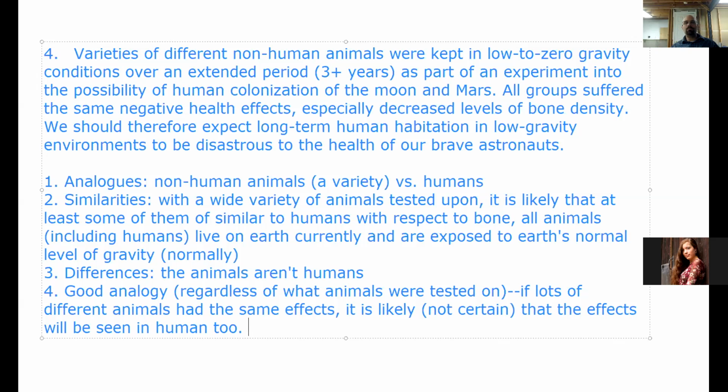So again, I think the I need more information answer, it works. I would have given it full points. I think this answer is a little bit better just because the standard of proof for these inductive arguments isn't I know for sure. It's that there's pretty good reason to believe that the conclusion is true based on the analogy. But again, I would and did give full points to both answers.